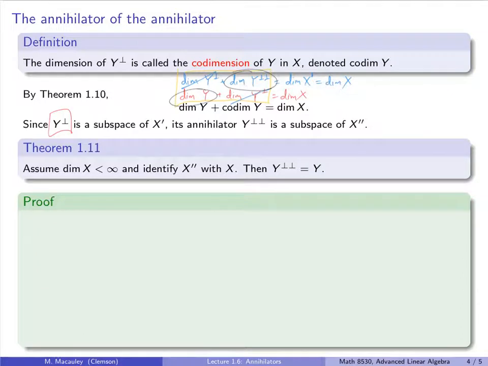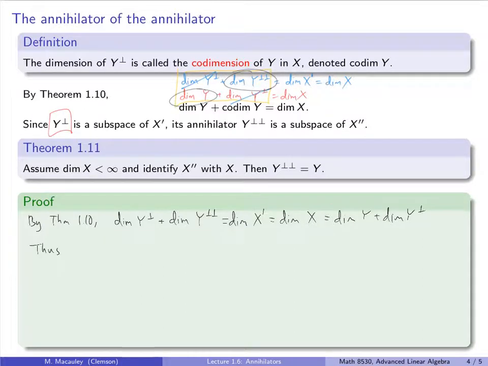So let me write that down. Let me summarize what I did here. By theorem 1.10, the dimension of Y perp plus the dimension of Y double perp equals the dimension of X prime, which equals the dimension of X, which equals the dimension of Y plus the dimension of Y perp.